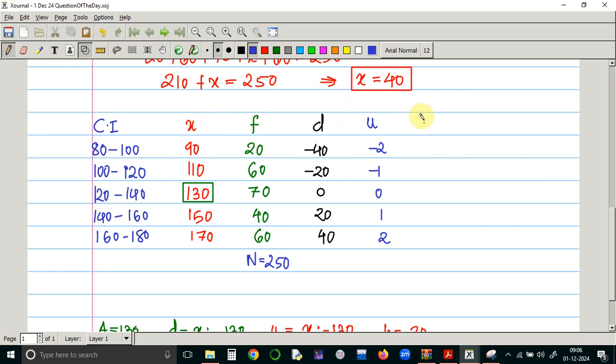Instead of x, u will participate in further calculations, and I want to find the multiplication of f into u. So for this it is 0, and this is minus 60, minus 40, and this is 40, and this is 60.